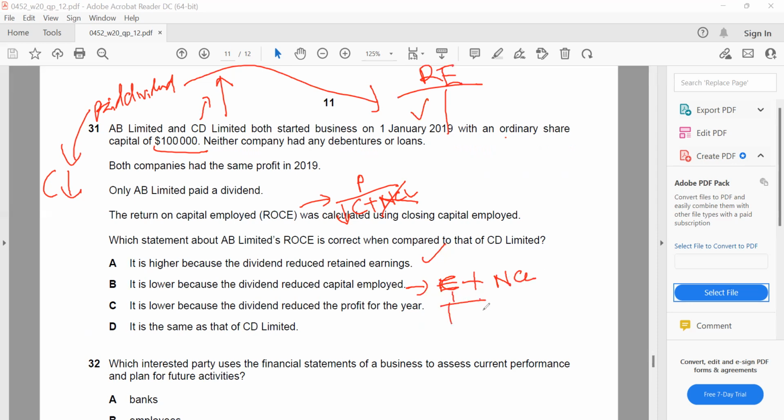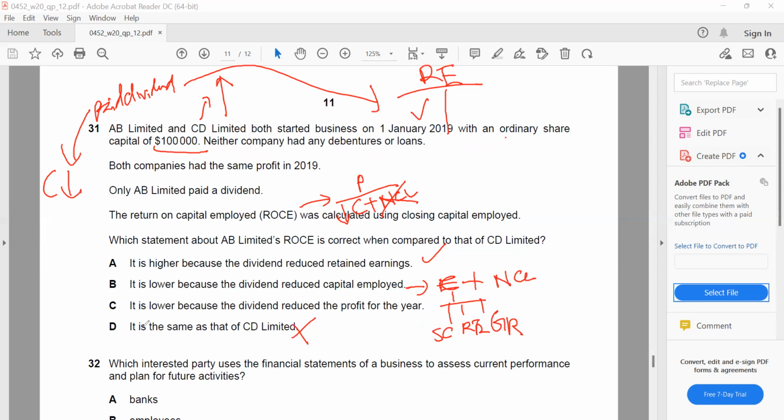And the equity part of it is retained earning, share capital and general reserve. Okay, next is lower because the dividend reduced the profit for the year. Profit for the year will not reduce because dividend is charged into the retained earning. Okay, it is same as the, no, this won't be same because CD didn't pay out anything.